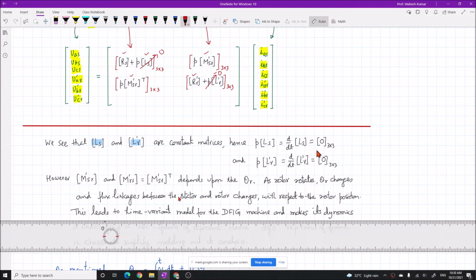It may change over a large period of time when an aging effect may be there in the winding, but normally for longer periods in terms of years it remains constant. So we can write PLs becomes 0 and PL_R' becomes 0.